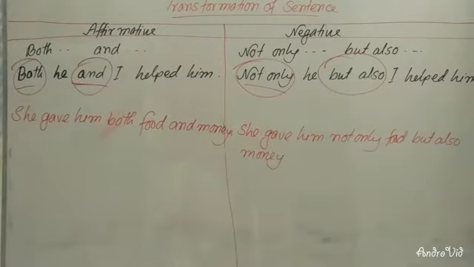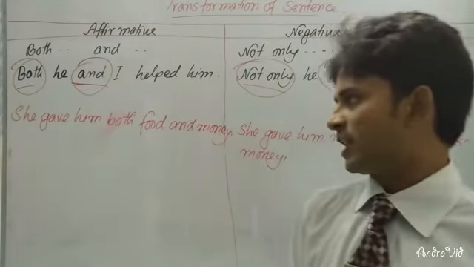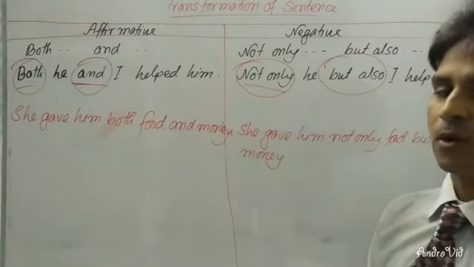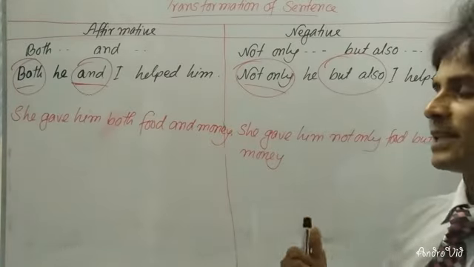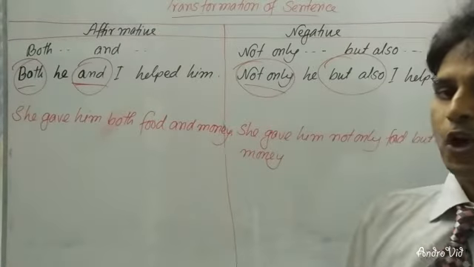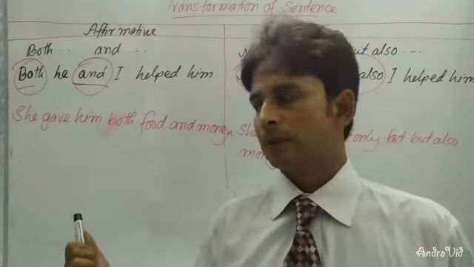Dear learners, on the board you can see another sentence, that she gave him both food and money. In affirmative sentence, I told you before that at the time of changing it to negatives, you will have to use not only instead of both and but also instead of and.